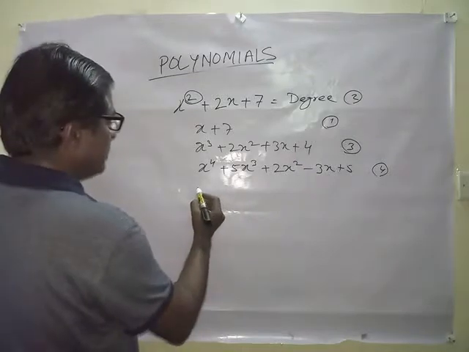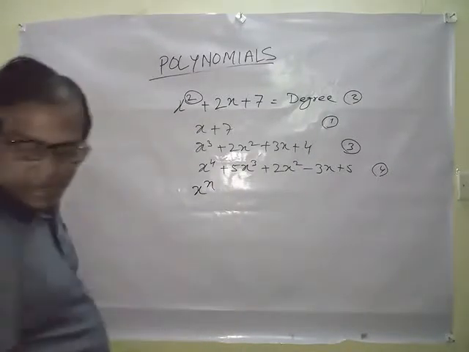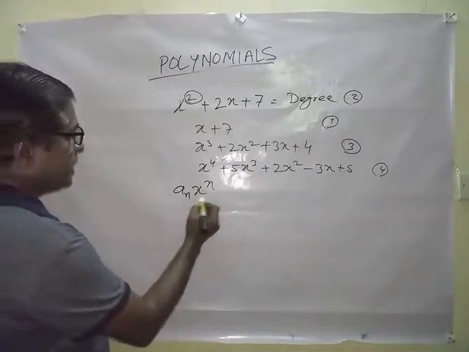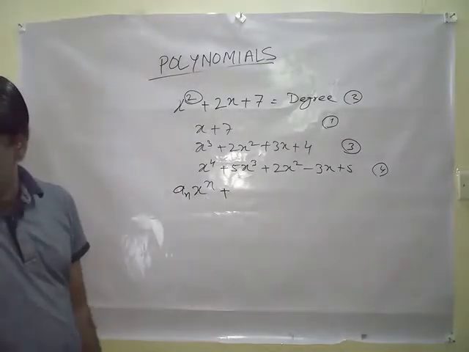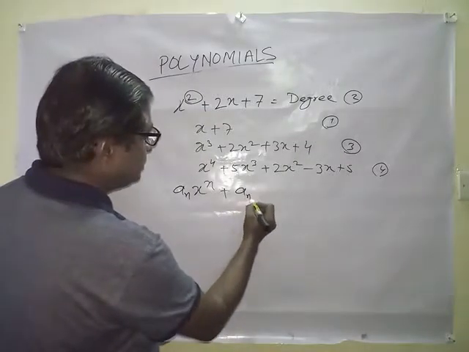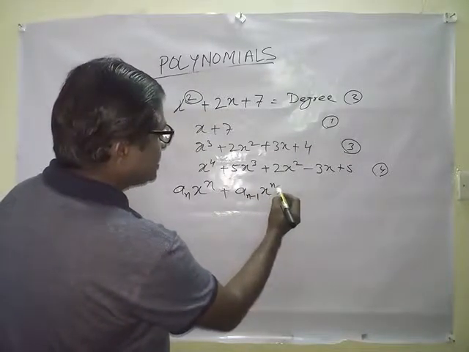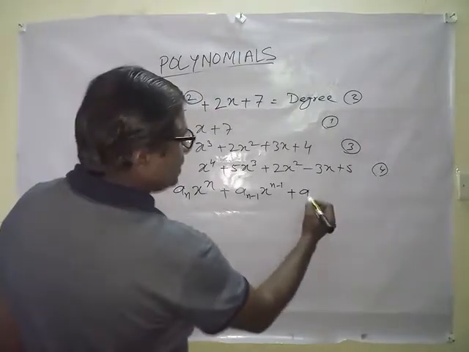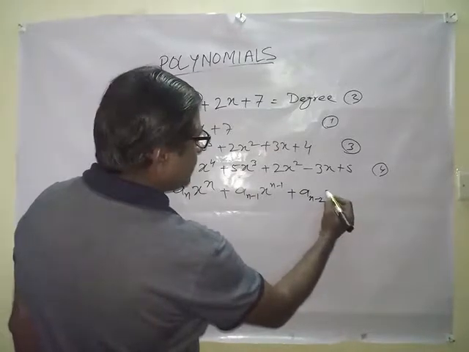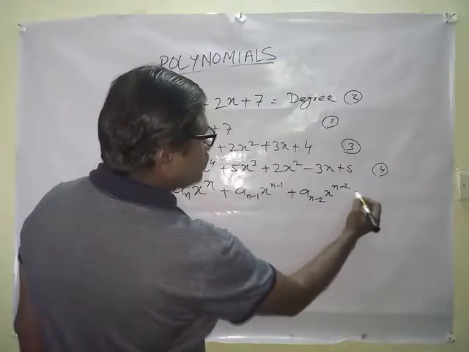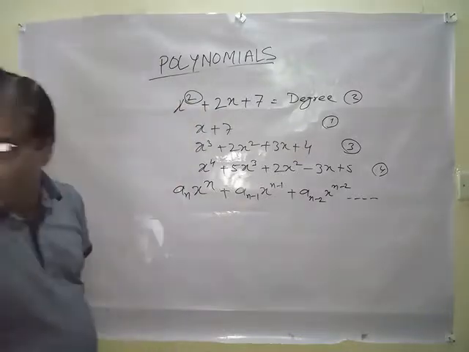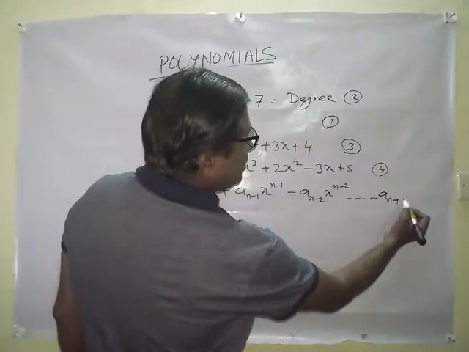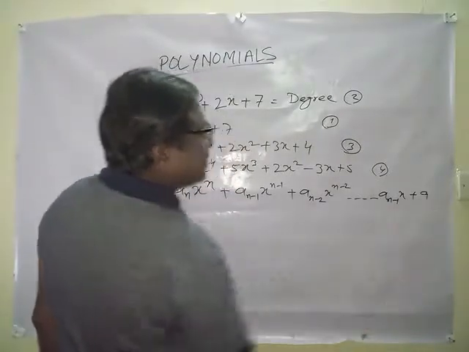Similarly, suppose there is an equation a_n x^n + a_(n-1) x^(n-1) + a_(n-2) x^(n-2), and so on, going up to a_1 x + a_0.